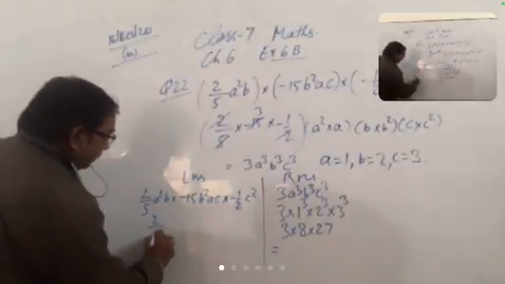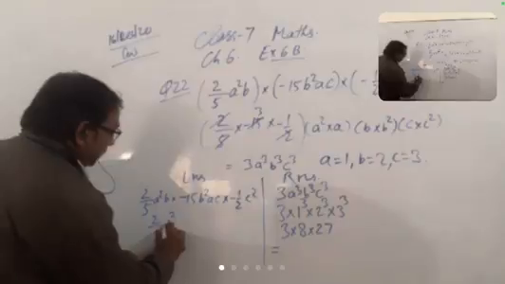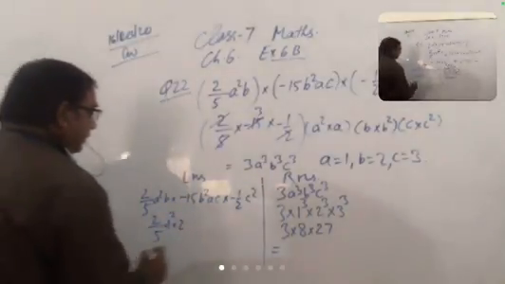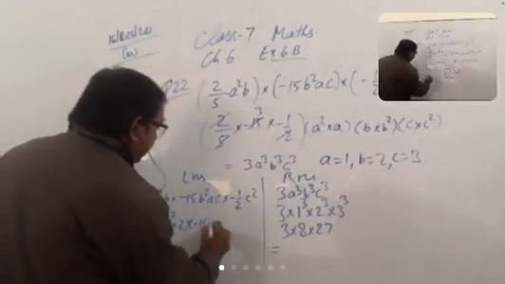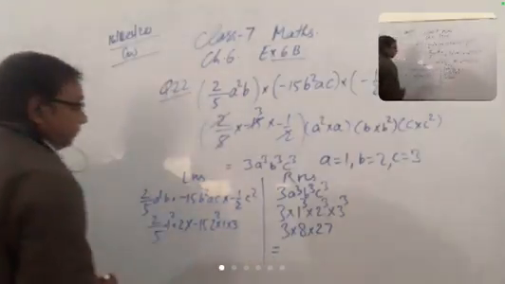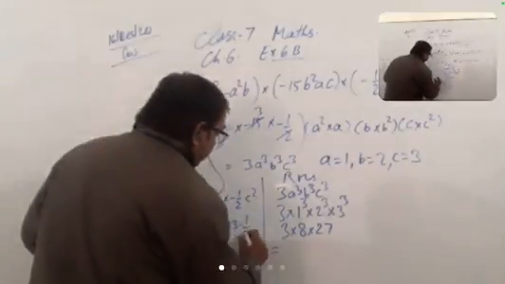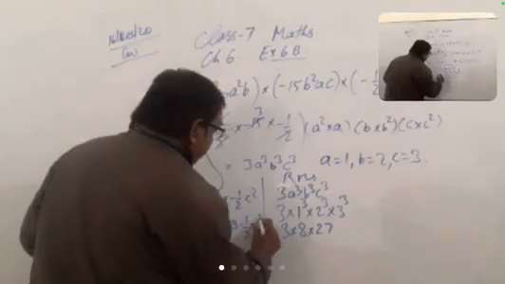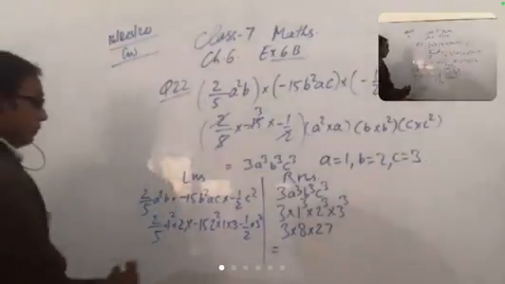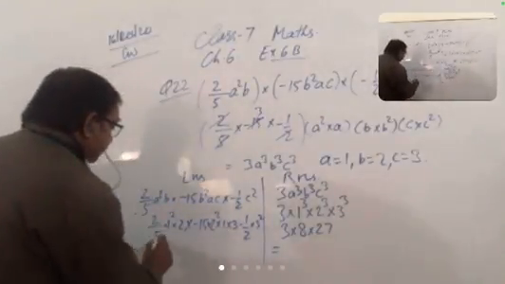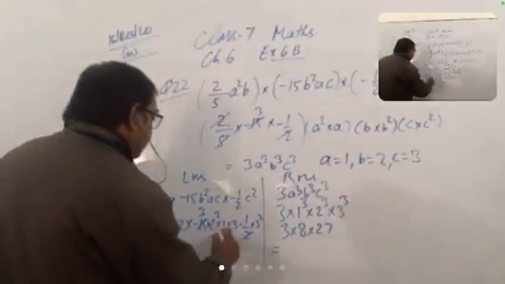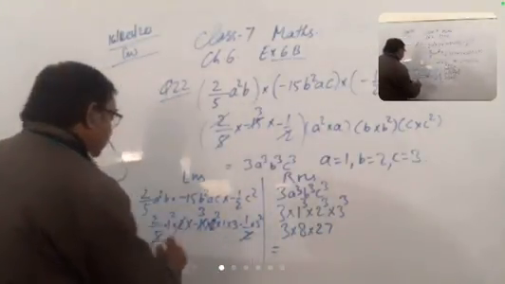So it will be 2 upon 5 times 1 square multiplied by 2, then multiplied by minus 15 times 2 square into 1 into 3, then minus 1 by 2 into 3 square. 5 3s are 15, and this 2 is cancelled with this.